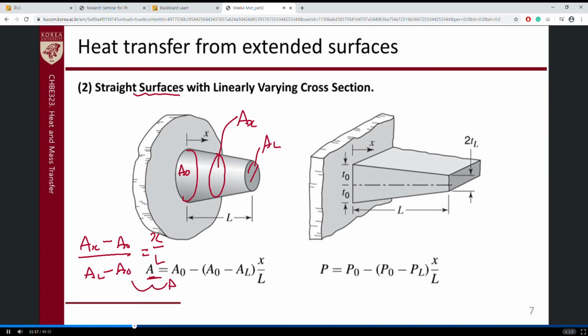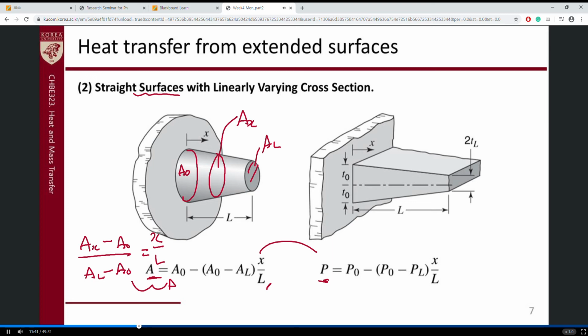So the area at x point can be calculated like this. The perimeter is also exactly the same equations. So you can derive it by yourself, at home, okay?